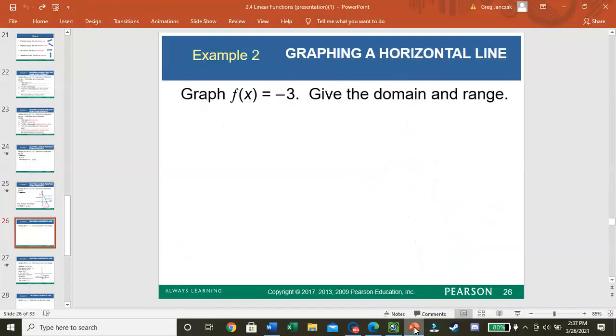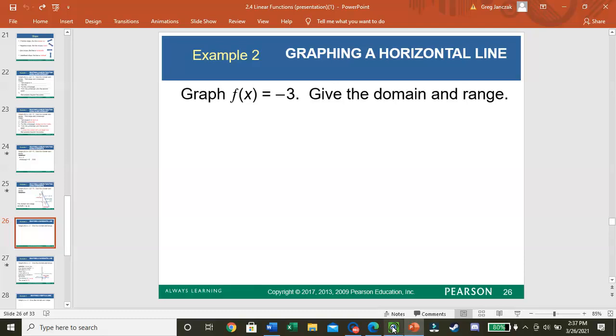All right, so that one's not on the graph. Okay, here we have graph f of x equal to -3. Now this is a little different because notice there's no x. Now, in the last one, the domain and range was still negative infinity to infinity, right?